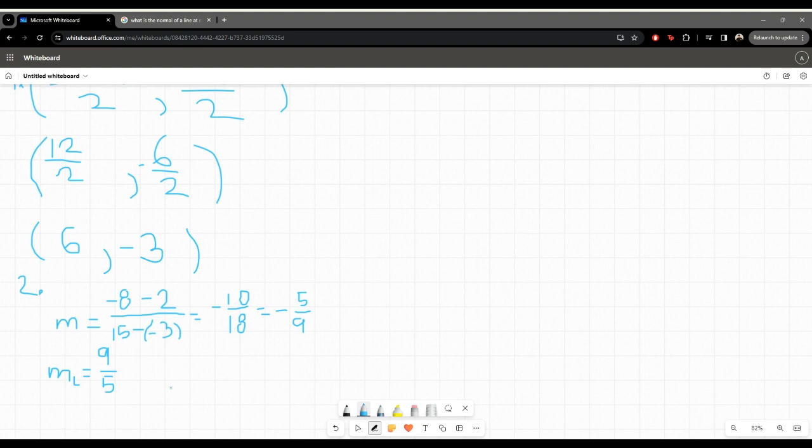Okay? So now, for our final question, we are asked to find the equation for line L. And we can do this as we have the coordinate N, where line L intersects, and we have the slope.